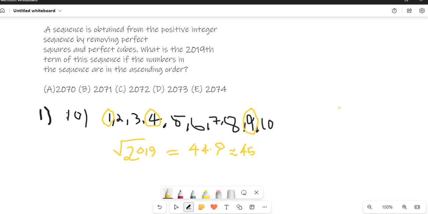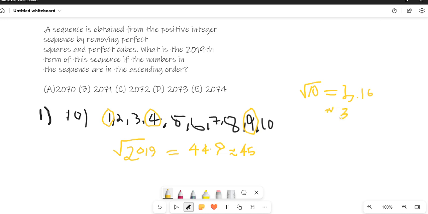Similarly, just to make it clear, if we take the square root of 10, we get 3.16, and this is approximately equal to 3.